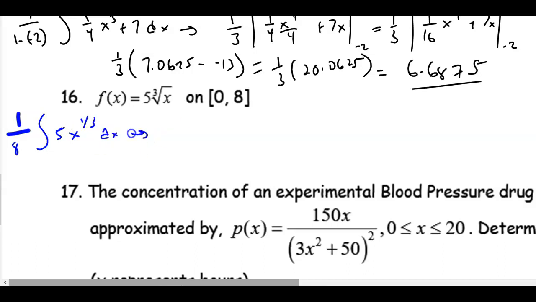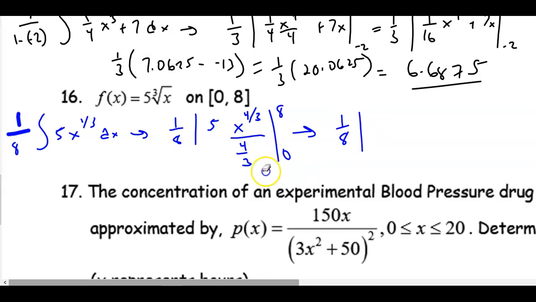And now when we integrate that, that's 1/8 times 5x to the 4/3. 1/3 plus 1 is 4/3, all over 4/3. And then we're going to flip that. So that's 1/8, 3 times 5 is 15 divided by 4, x to the 4/3 from 0 to 8.